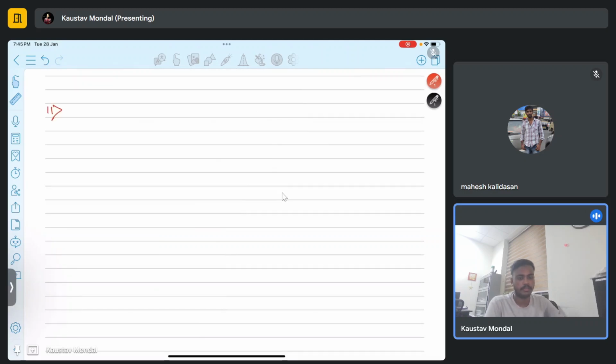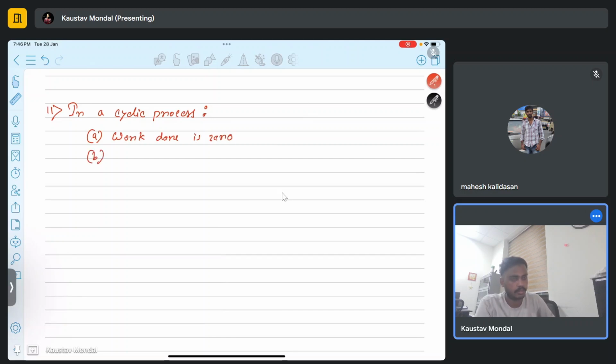So the problem number 11 is about a cyclic process. Four options are given, and you have to select the one which is true. Option A is work done is 0.